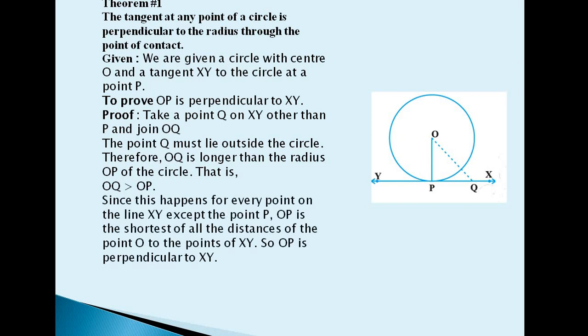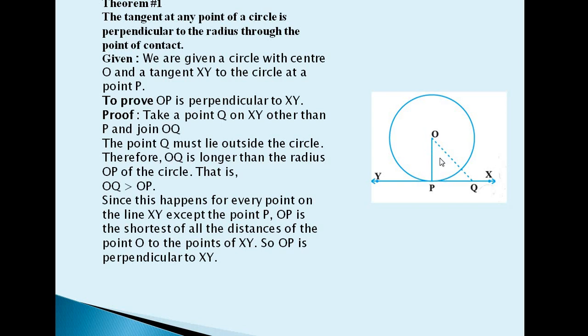Since this happens for every point on the line XY except the point P. Now in 9th standard you learnt that the perpendicular is the shortest segment out of all the line segments that you draw from a point not lying on the line. So you see that OP is the shortest of all the distances.